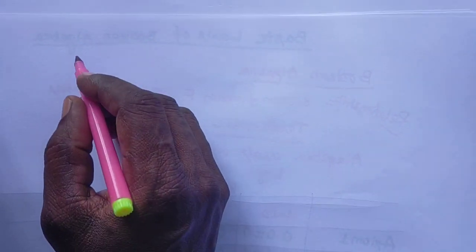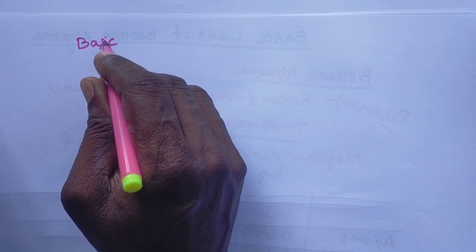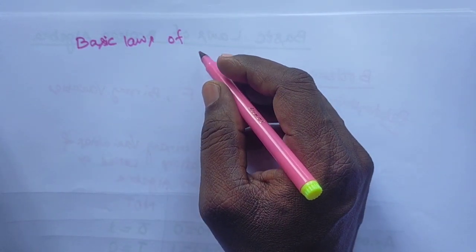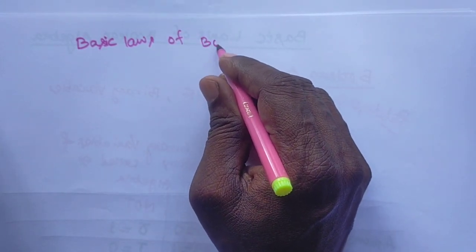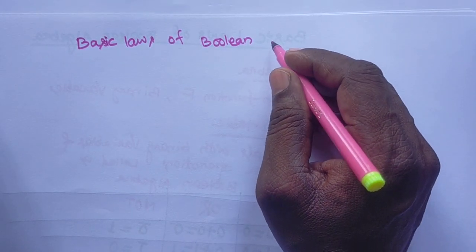Okay. Now see how the other part we can define. Let us consider the basic laws of Boolean algebra.